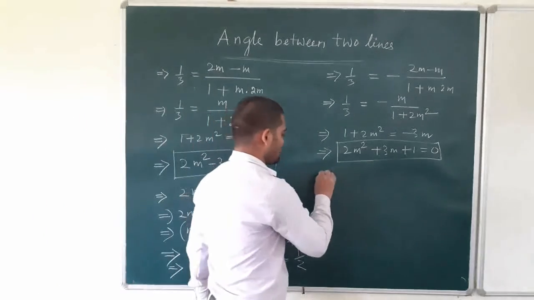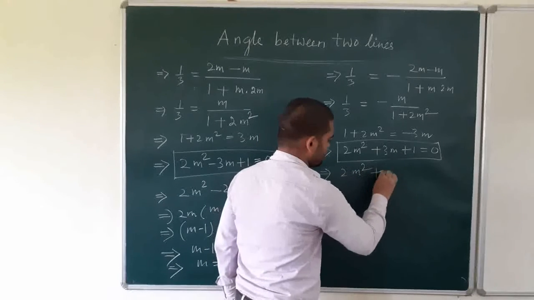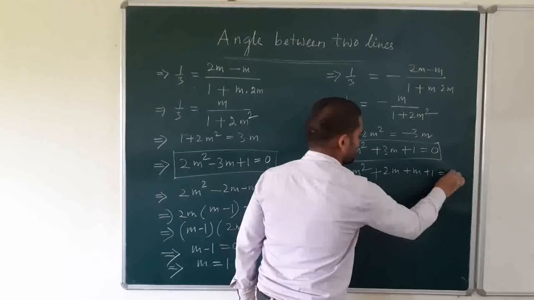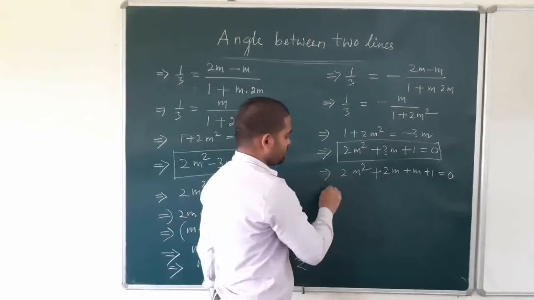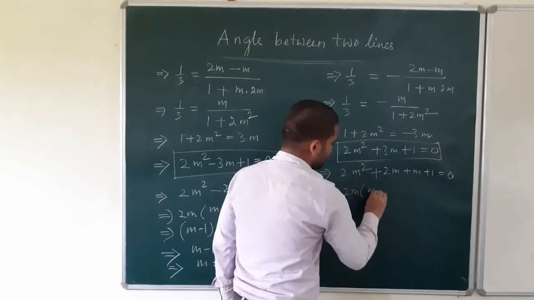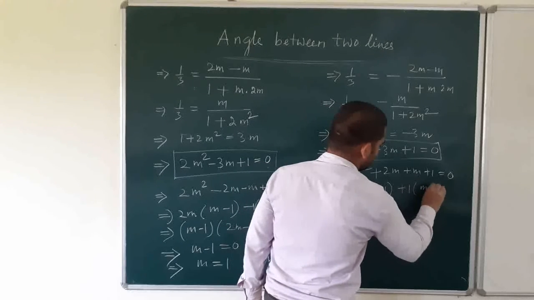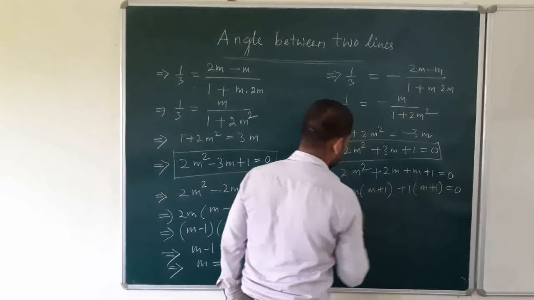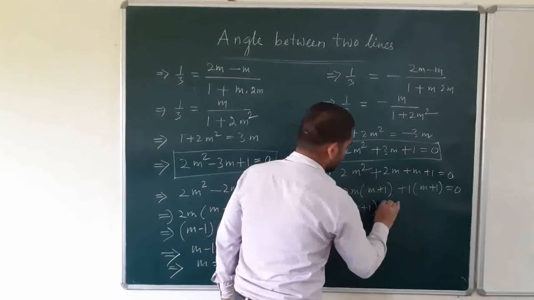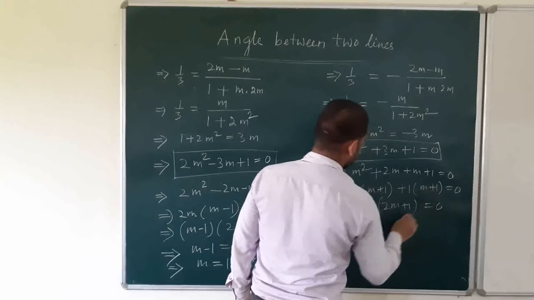Similarly, here also you solve this. 2M square plus 2M plus M plus 1 is equal to 0. Then 2M into M plus 1 plus 1 into M plus 1 equal to 0. That is, M plus 1 into 2M plus 1 equal to 0.